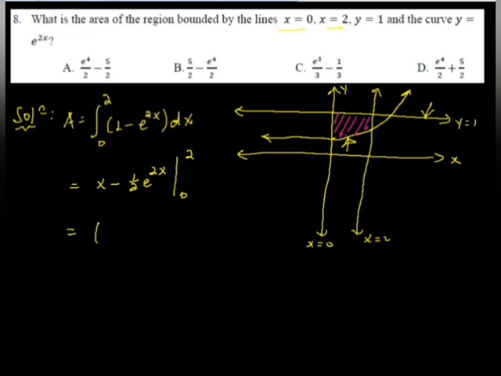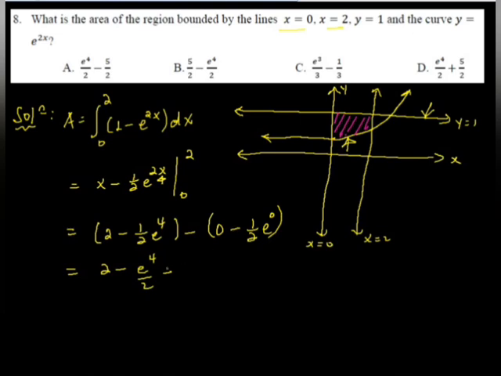So first substitute 2 minus 1 over 2 e to the power of 4, because x is 2 here, minus substitute 0, minus 1 over 2 e to the power of 0.